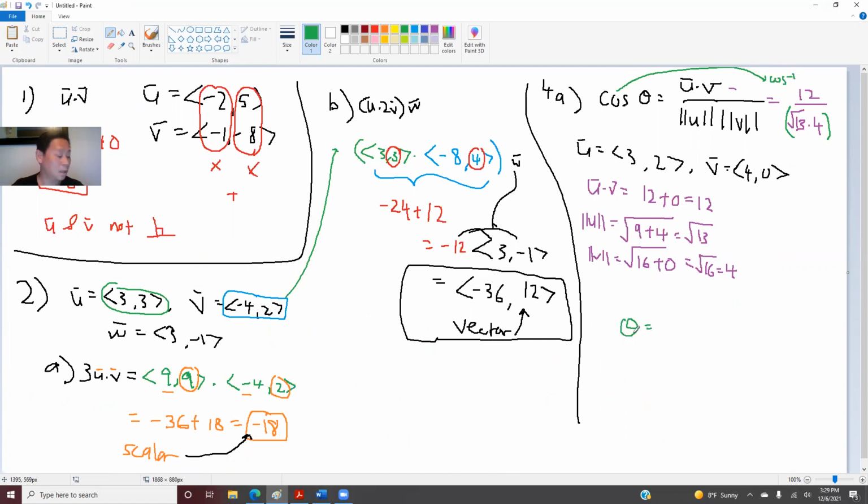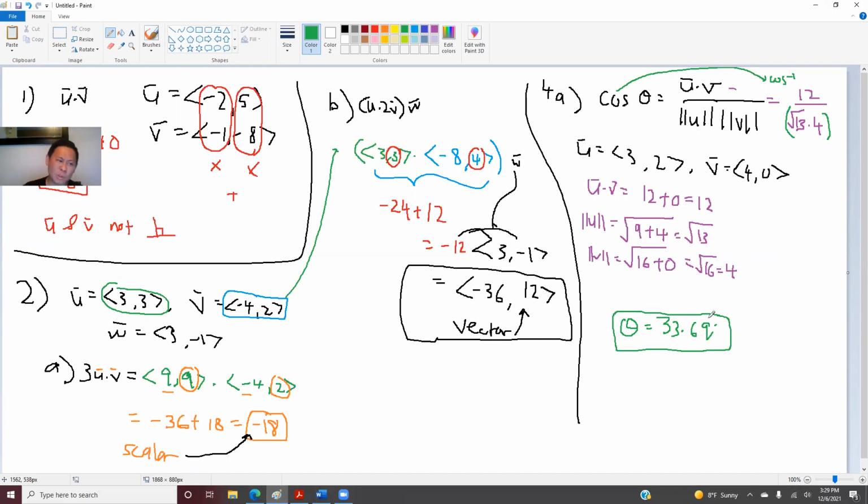You just figure out the arc cosine of 12 divided by parentheses root 13 times 4. So this is 33.69 degrees.